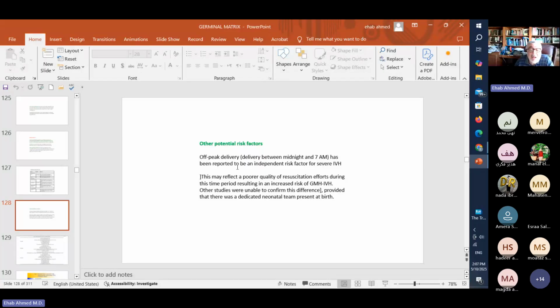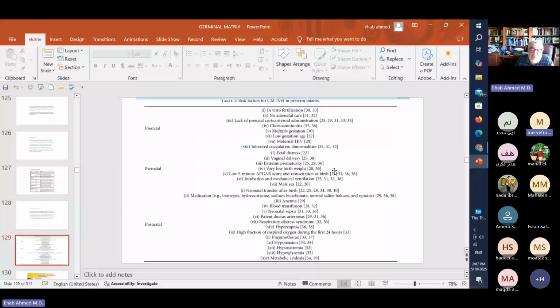Some people think that the time of delivery, if the baby is delivered after midnight, because there will not be good enough experienced providers. I don't know about that. You can divide the risk factor.